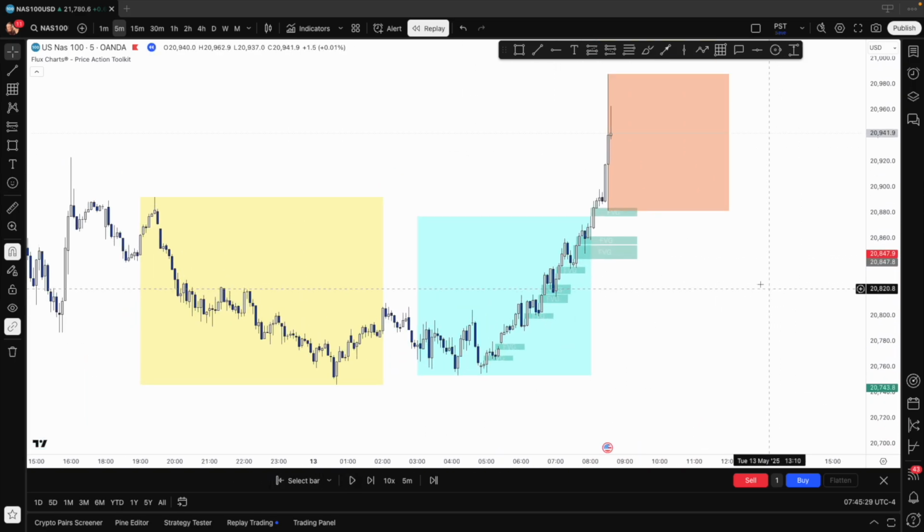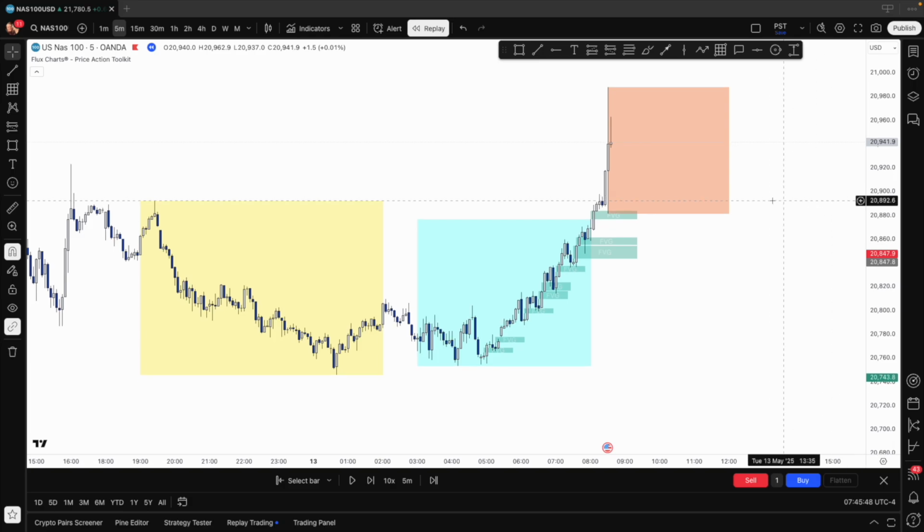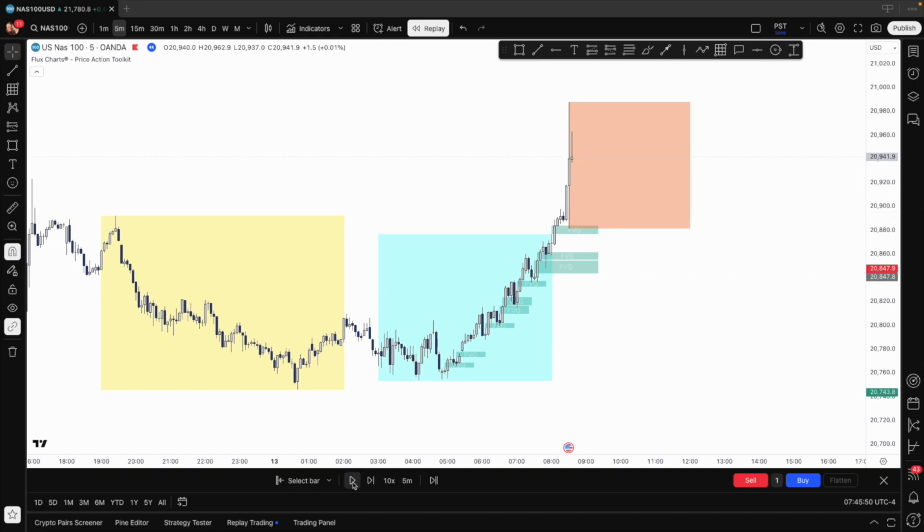All right, so here you can see this was Asia, London, and nothing happened during London. So for me, this won't be a trading day as we didn't have a sweep of the lows or the highs during London session. But let's play price out and see what happened.